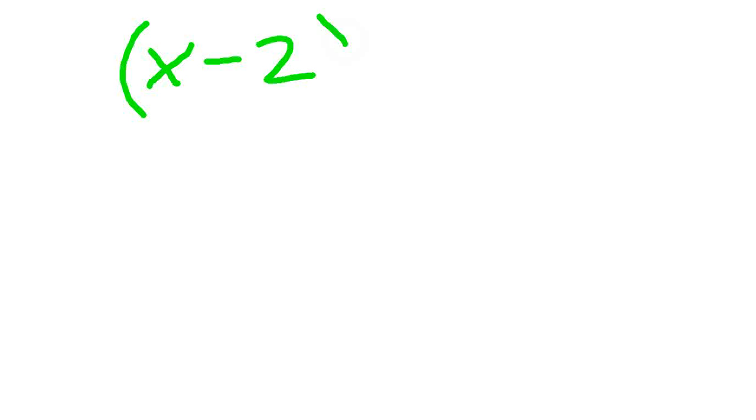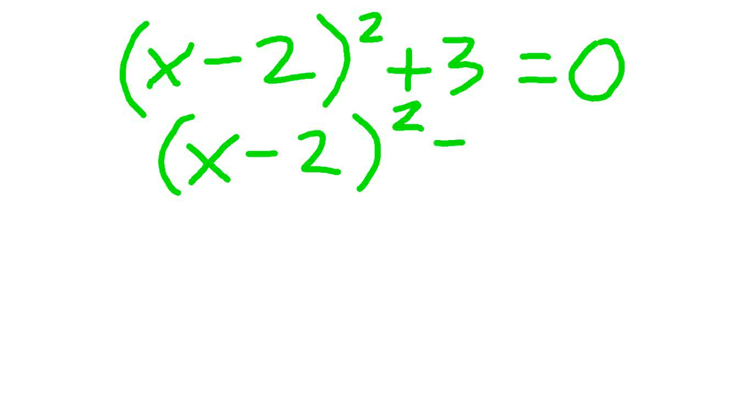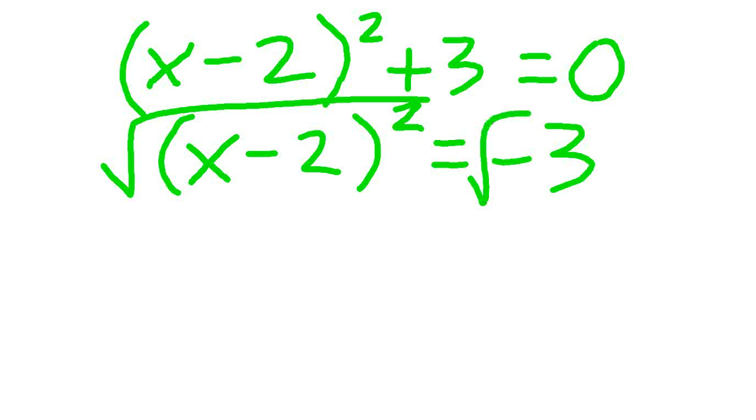By setting (x - 2)² + 3 equal to 0, and then we move that positive 3 over to the other side, and then we take the square root of both sides.